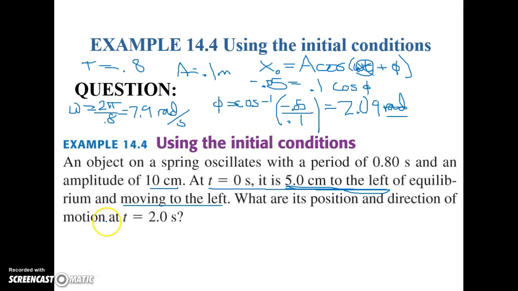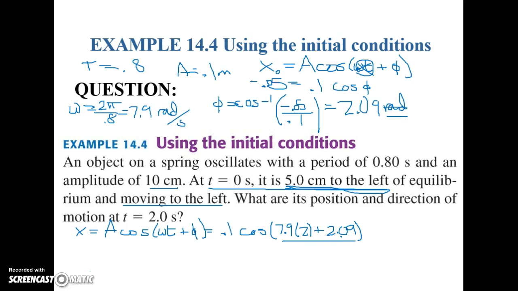Okay, and so now I want to know the position. So x equals A cosine of omega t plus the phase shift. I'm going to have 0.1 times the cosine of, my omega was 7.9 times 2, plus 2.09.